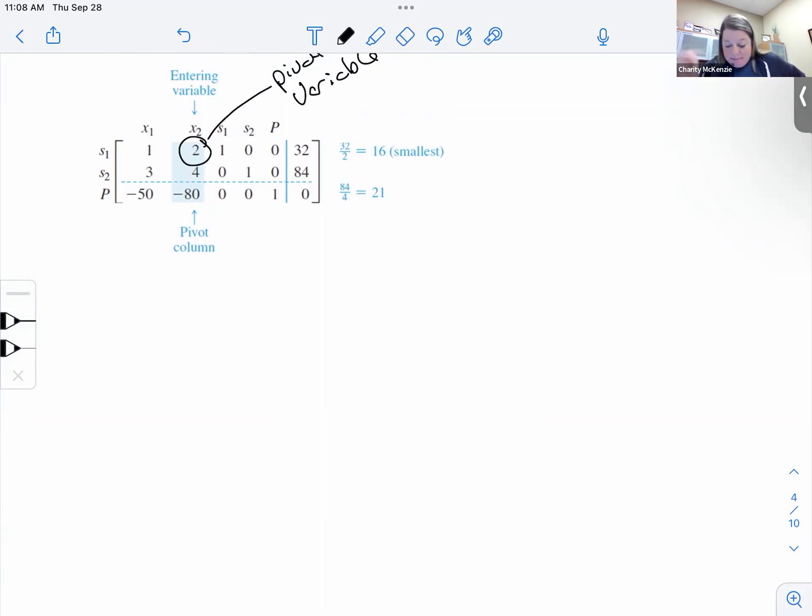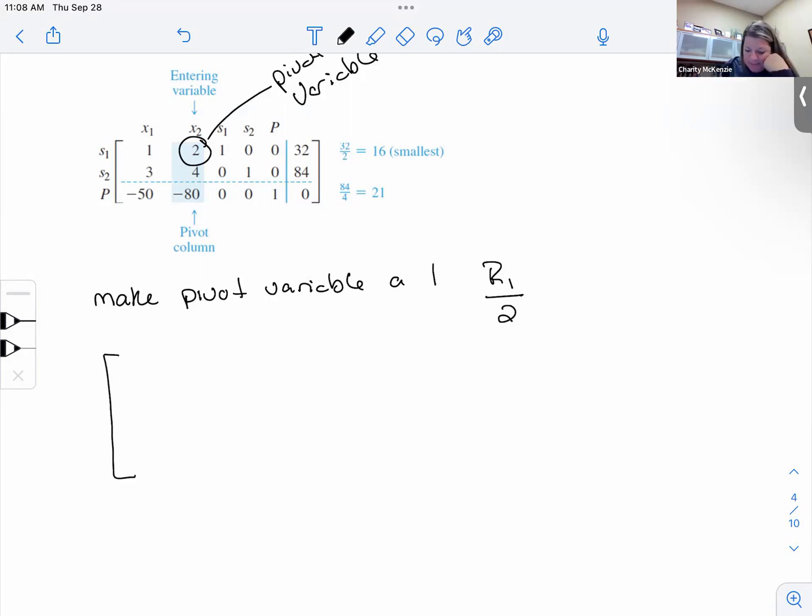Okay, so I always want to make your pivot variable a 1. That's kind of our first thing to do. So I'm going to take row 1 and I'm going to divide it by 2 because that'd make that 1 in that spot.